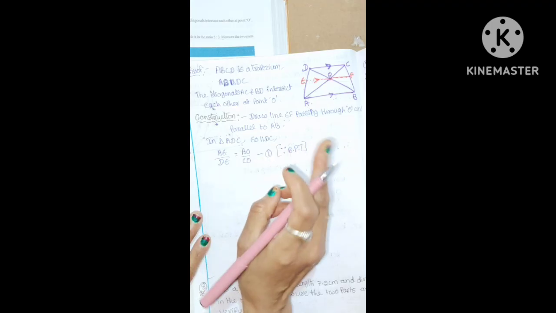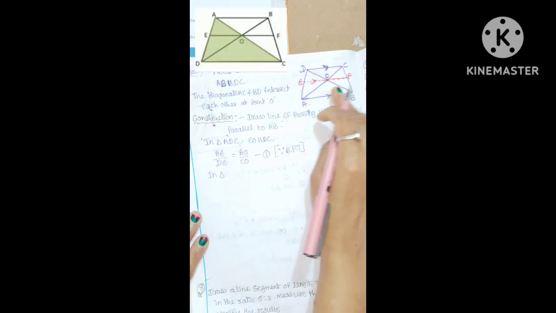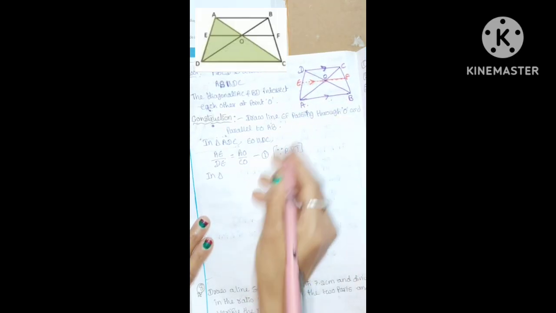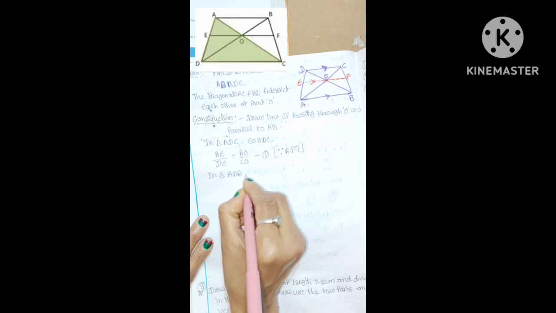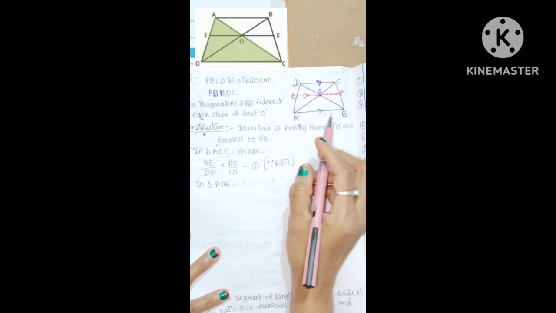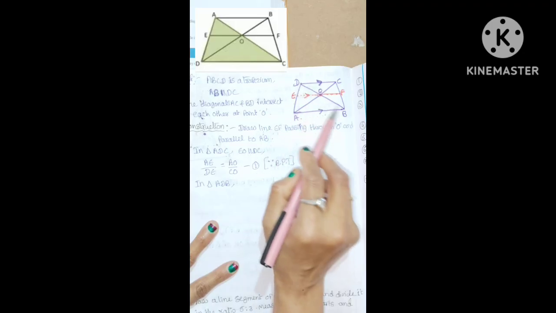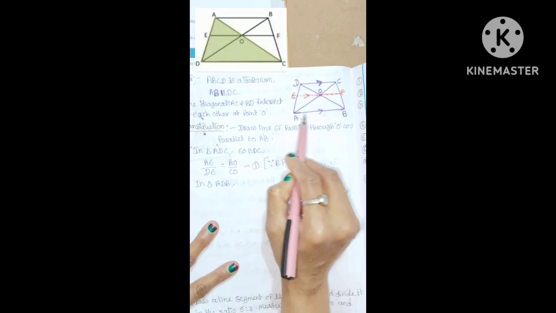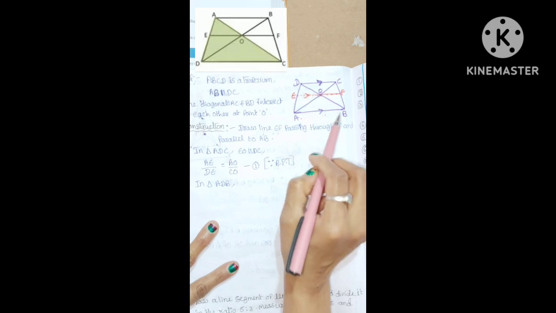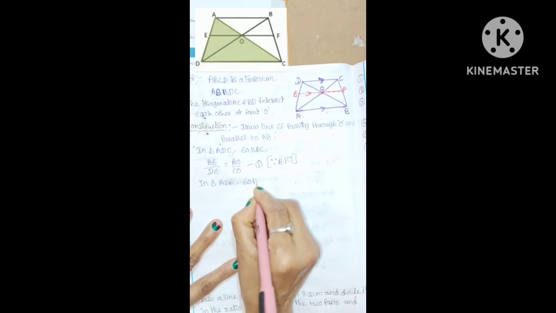Next, let us take another triangle, ADB. In this triangle, which two sides are parallel? Here EO is parallel to AB.